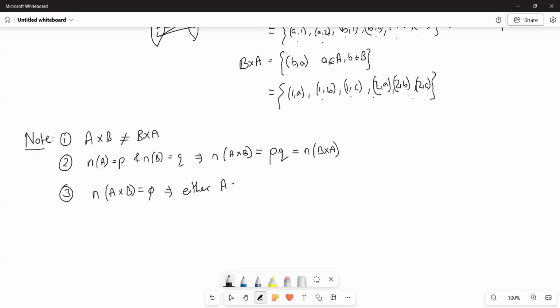This would imply that either A is a null set or B is a null set or both A and B are a null set. At least one of them has to be a null set, because the Cartesian product is not defined over a null set. There is nothing to pair with.